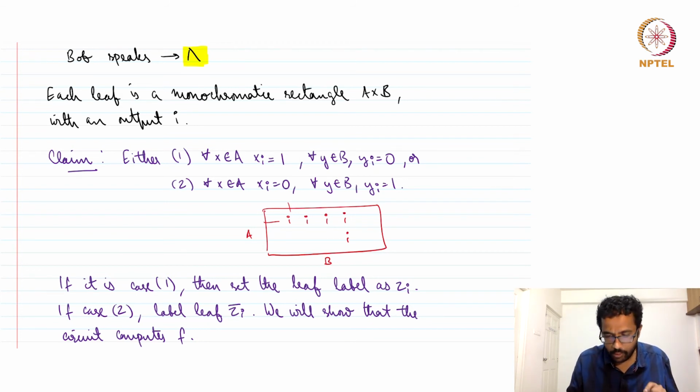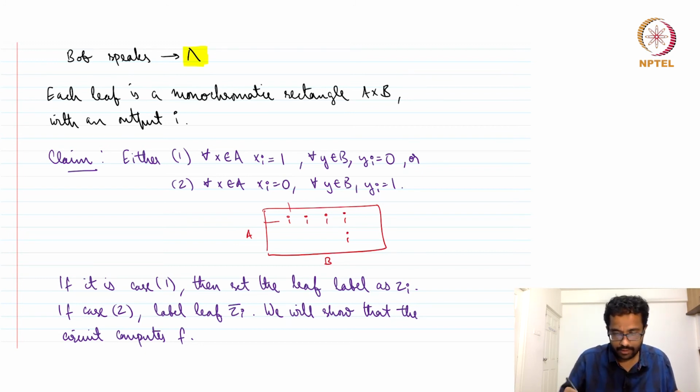But further, one more thing is true: for this entire matrix, either x_i is equal to 1 for all of it and y_i equal to 0 for all of it, or the opposite. It cannot be that some entries have x_i equal to 1 and y_i equal to 0, and some entries have x_i equal to 0 and y_i equal to 1.